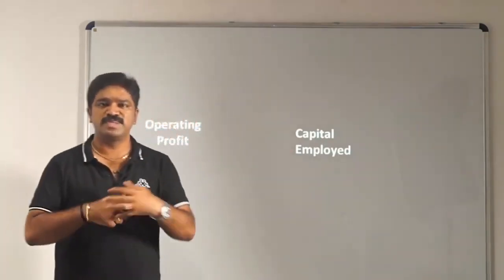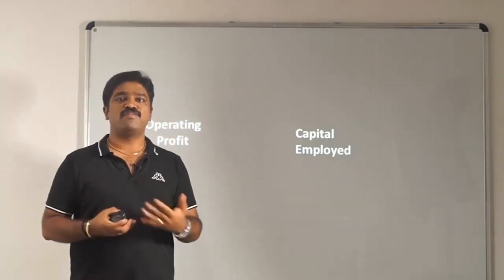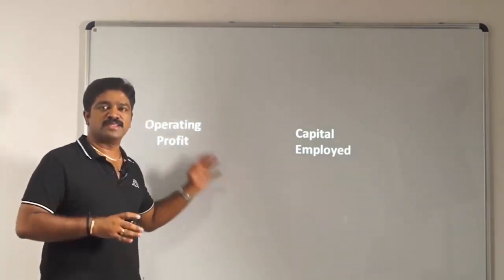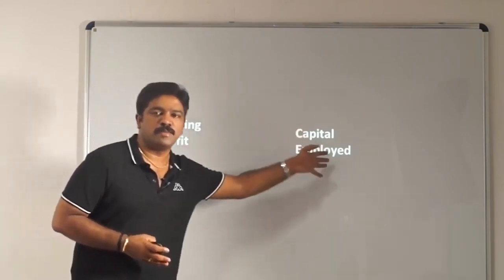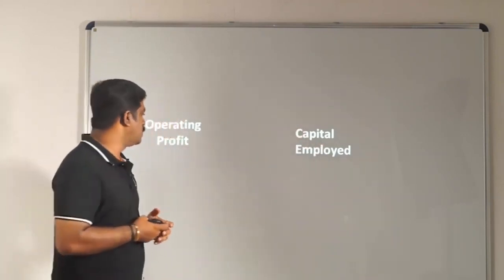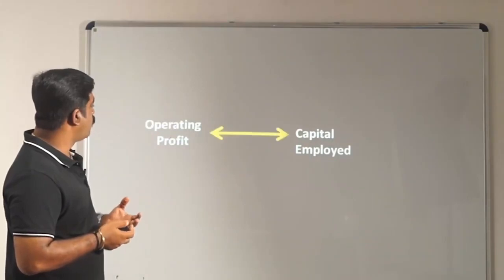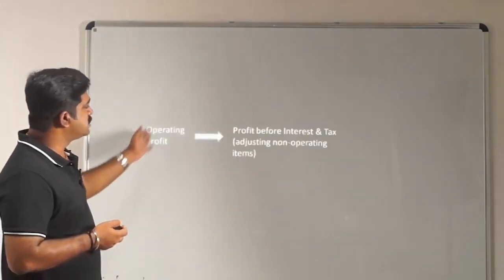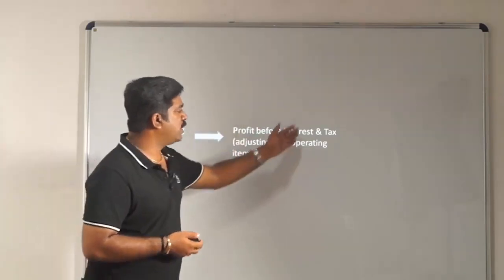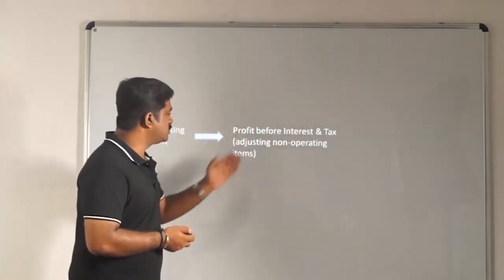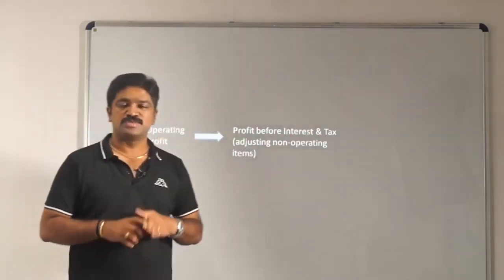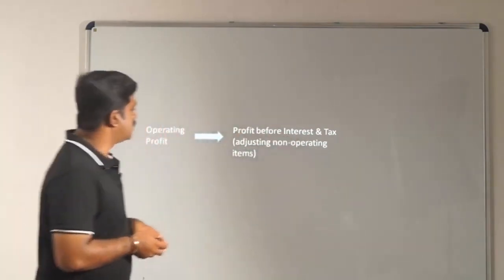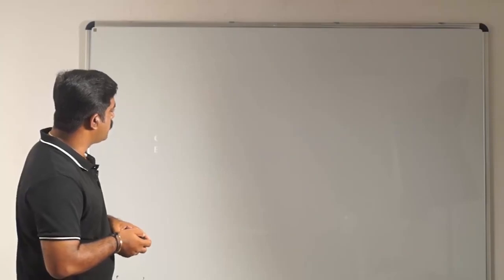In return on assets, we didn't have clarity as to which profit should be taken, whereas in return on capital employed, we have clarity that operating profit should be compared with capital employed. So we need clarity on what is operating profit. Operating profit is nothing but profit before interest and taxes, which are adjusted for non-operating items.